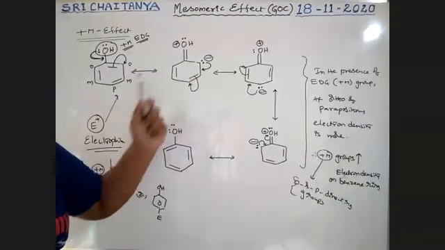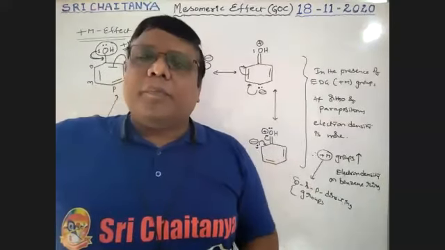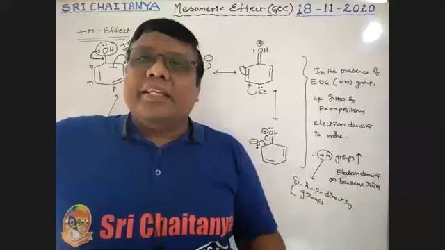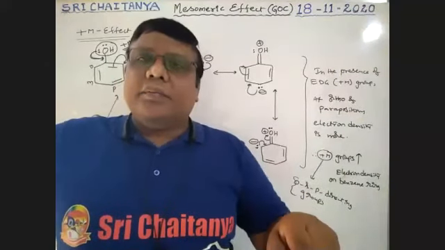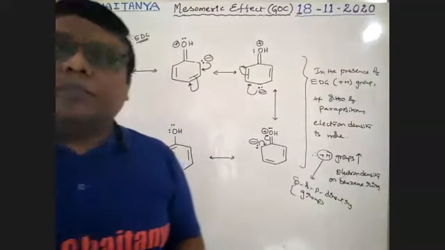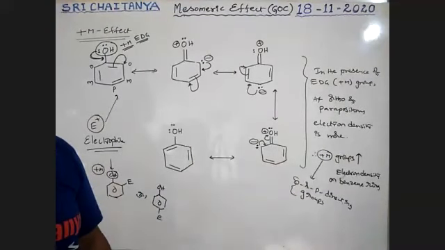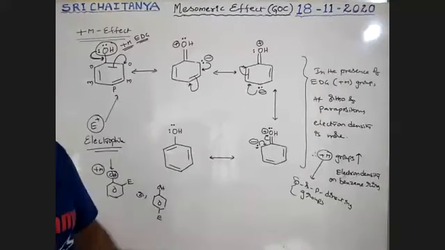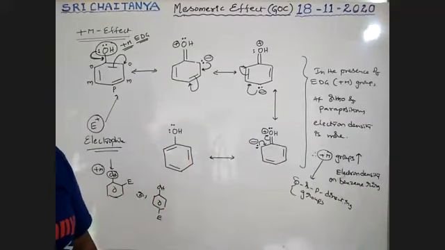That means the negative charges are developed there. So electron density at ortho and para positions increases in the presence of a plus M group. Because of that, the further attacking electrophile goes to either the ortho or para position, not meta. Therefore, ortho and para products are more major than meta products. So, is there any doubt up to now? Tell me, boys. This is all due to the plus M effect of that OH.